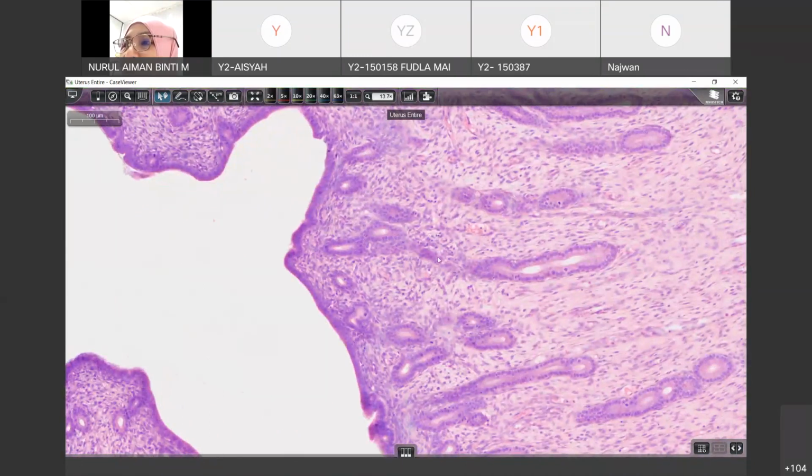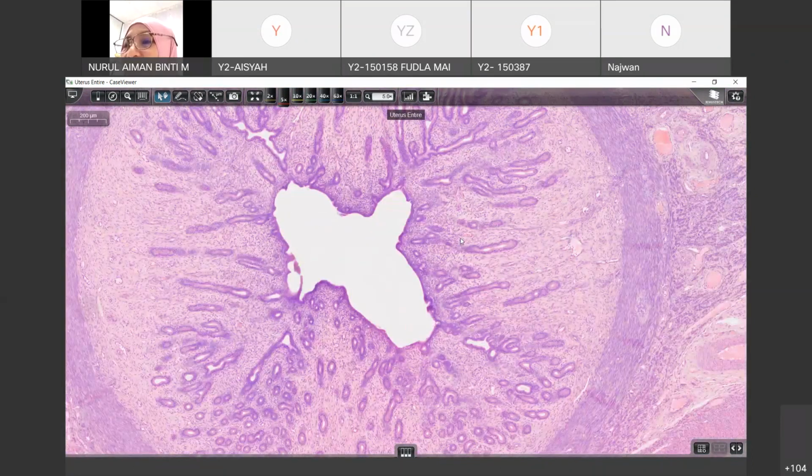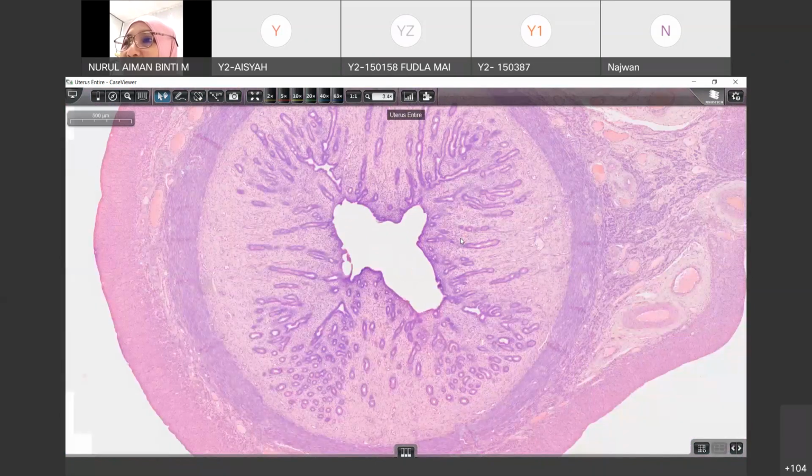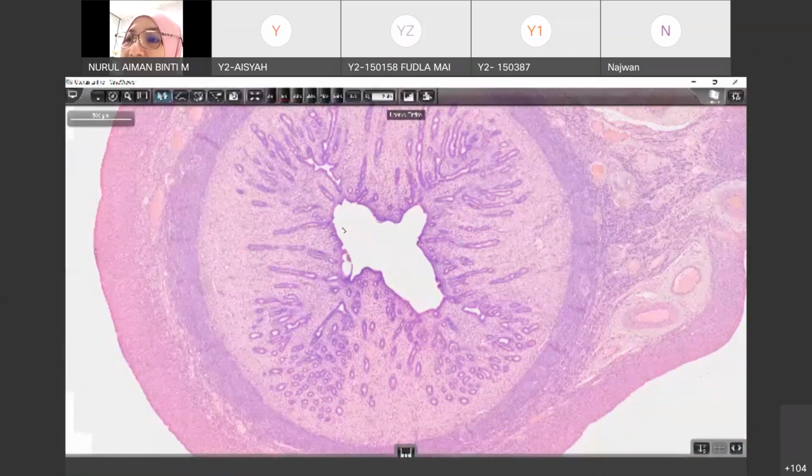And what are these? Glands. Yes, part of the glands, a little bit of glands, but I would prefer you to call them cervical glands. So this is basically the endocervix.